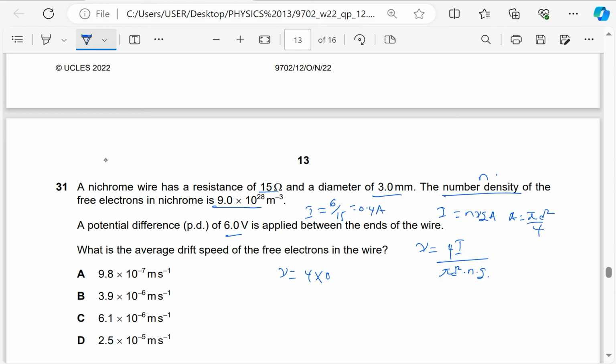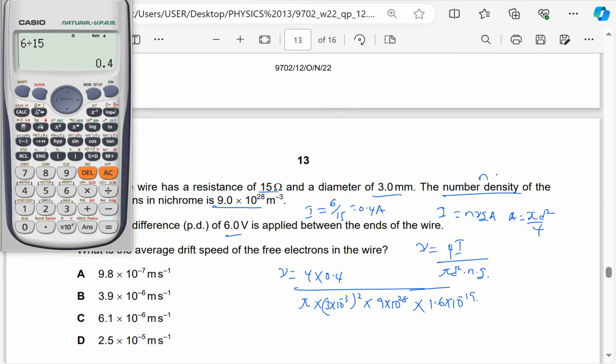So 4 times 0.4 divided by pi times d, which is 3 times 10 to the power of minus 3, but this is squared, times n, which is 9 times 10 to the power of 28, times q. These are electrons, so q is 1.6 times 10 to the power of minus 19, the charge of an electron.